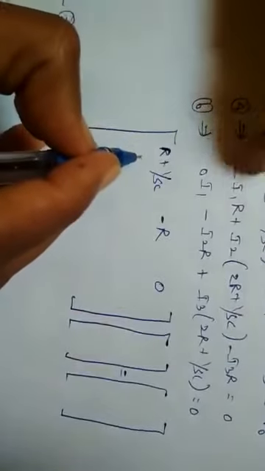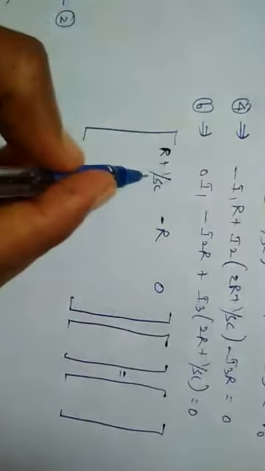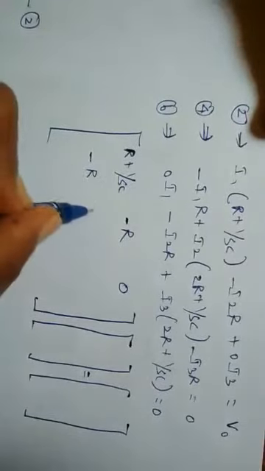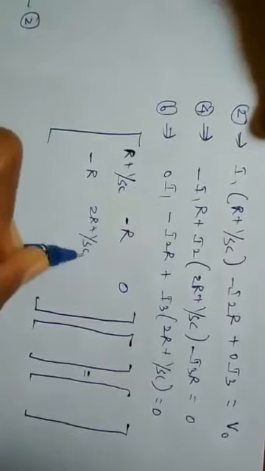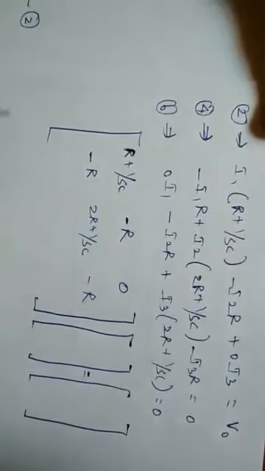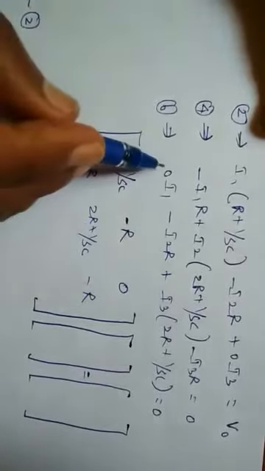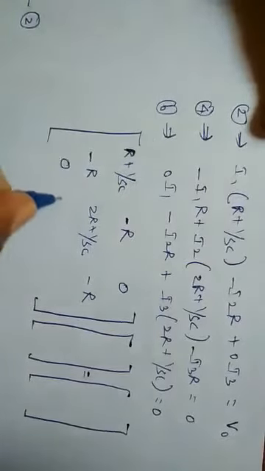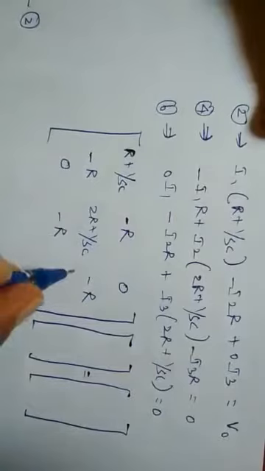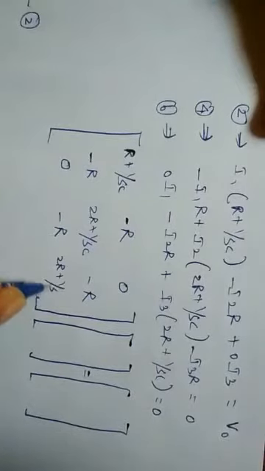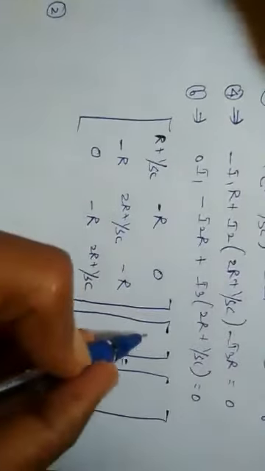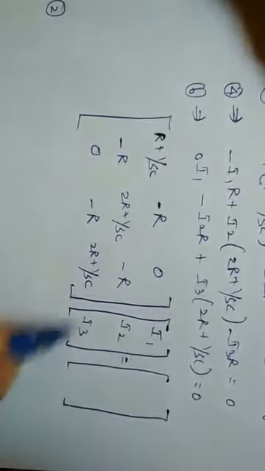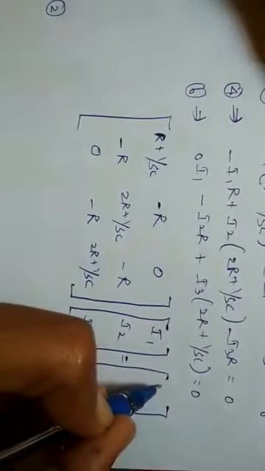Similarly from the second equation it is minus R, 2R plus 1 by SC and minus R. And from equation 6, the third current equation, we have 0 for I1 and minus R for I2 and 2R plus 1 by SC for I3, and here I1, I2 and I3 are marked for all the three equations.